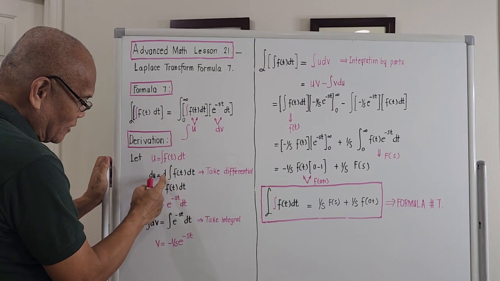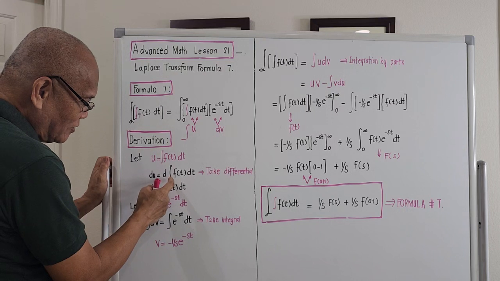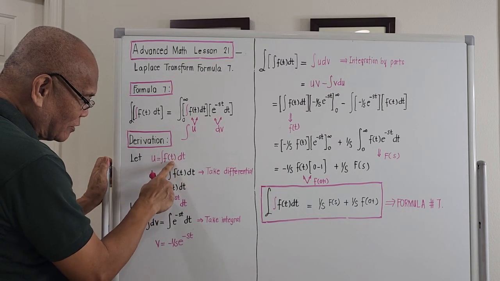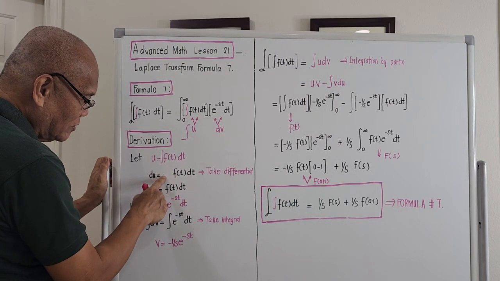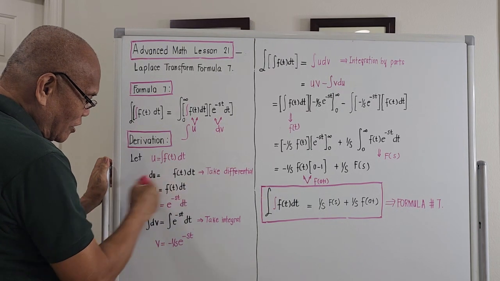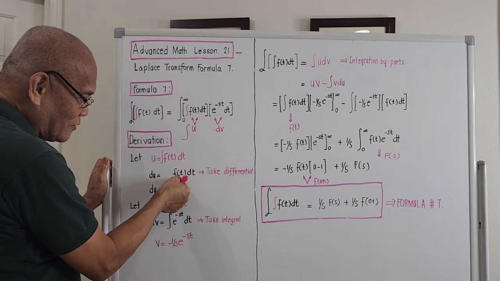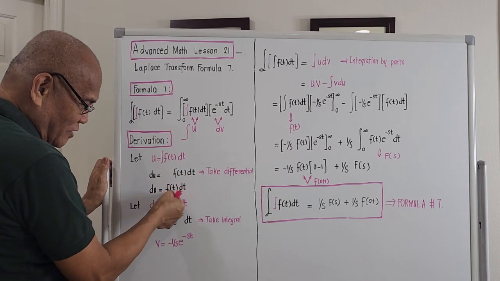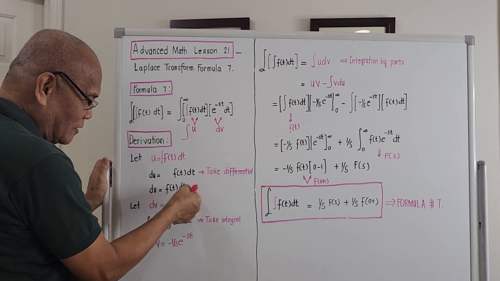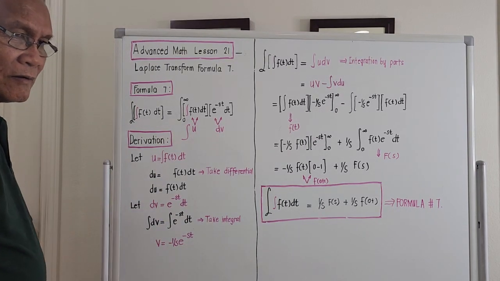If this differential sign goes near this integral sign, they cancel out each other. So if we take the differential, what will come out is du equal to function of t dt.